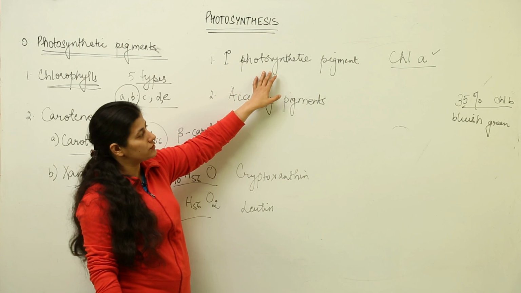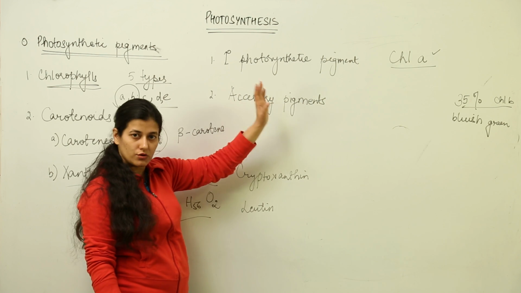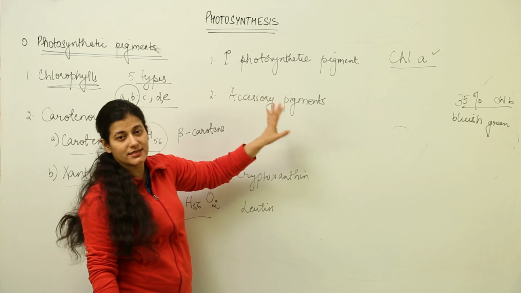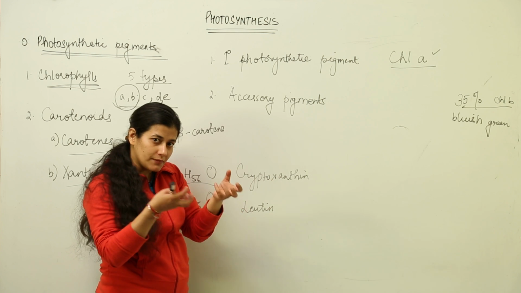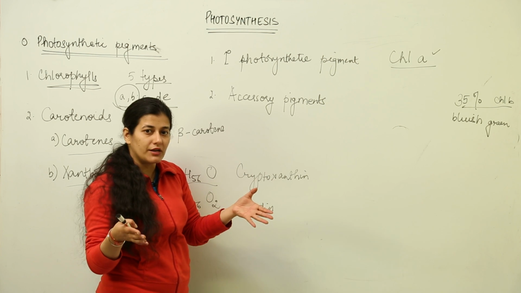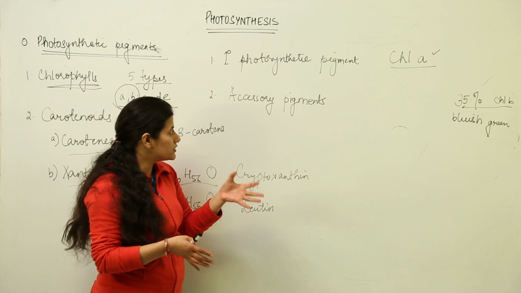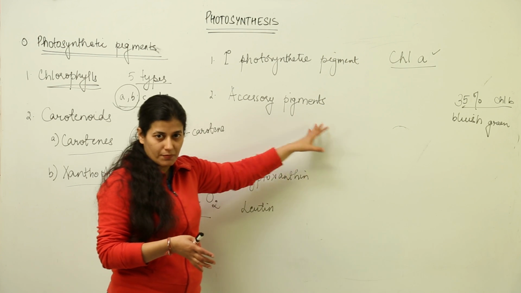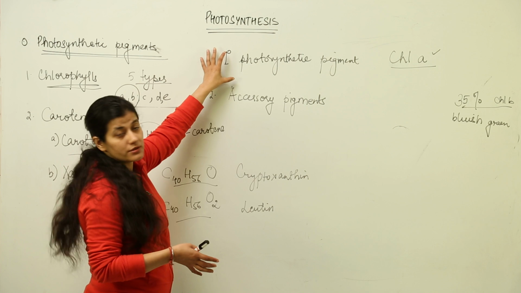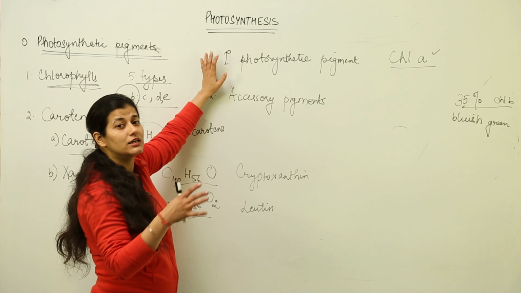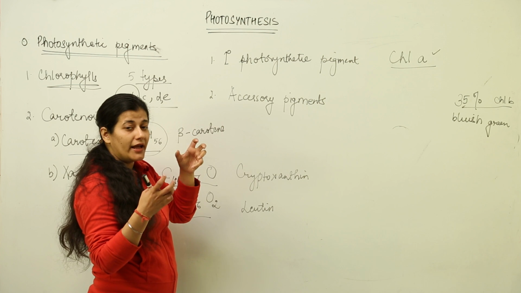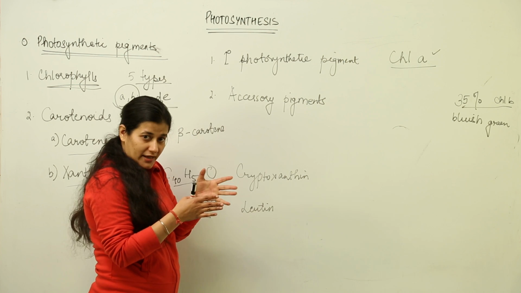So we see that we had two types of pigments. One was the primary photosynthetic pigment, that was chlorophyll A, we talked about its structure. Then we have the accessory pigments which help the primary photosynthetic pigment to take up the energy and broaden the spectrum, ultimately to perform photosynthesis. The primary photosynthetic pigment happens to be green, because green is reflected, the rest of the colors are taken up, and we know that the bluish part has the maximum energy.